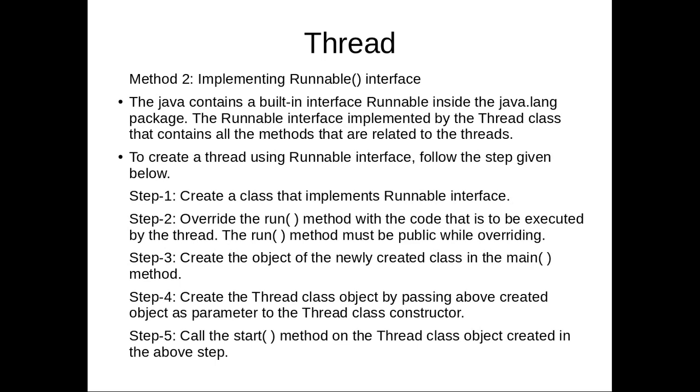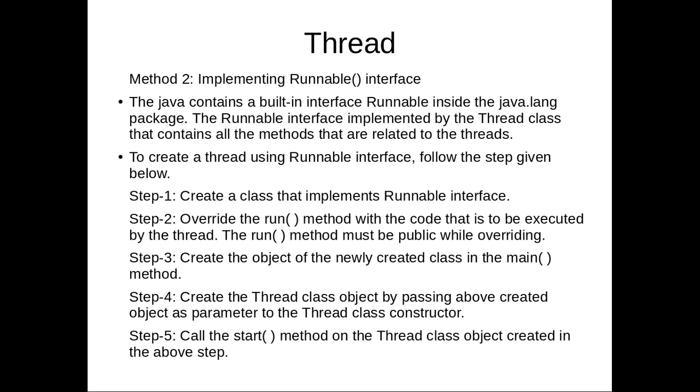Now we are going to discuss how a thread can be created by implementing the Runnable interface. As you know, an interface is like an abstract class, and that interface has some methods that have to be implemented by some other class.